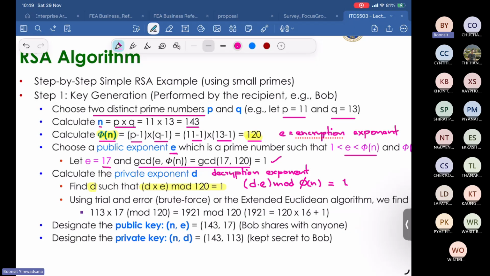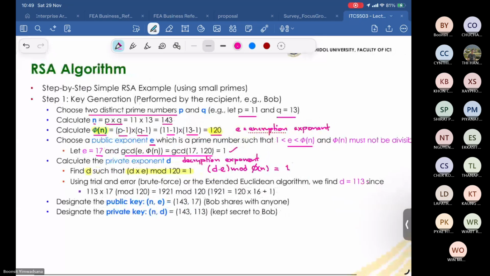So how can we do that? We can use trial and error, or a brute force attack, changing the value of D several times. We try D equal to 1, 2, 3, 4, 5, and so on, until we find that D is equal to 113.